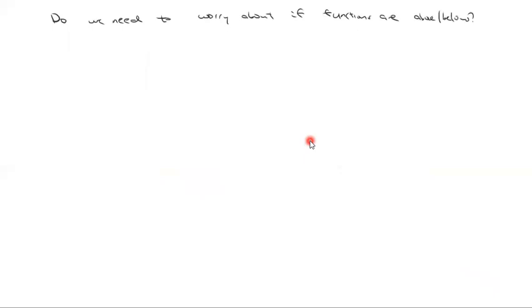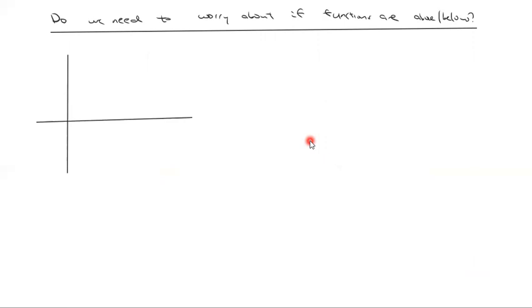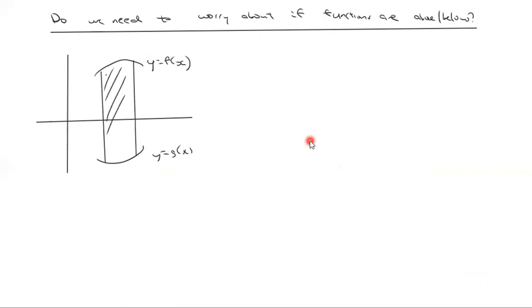Yep, so that's what I'm about to do. So, for example, what if I had this situation? And I wanted to find this area. Compared to the one on the previous page, well, it's still the same idea, right? f of x is on the top, g of x is on the bottom, except in my case here, before both f of x and g of x were above the x-axis, right?